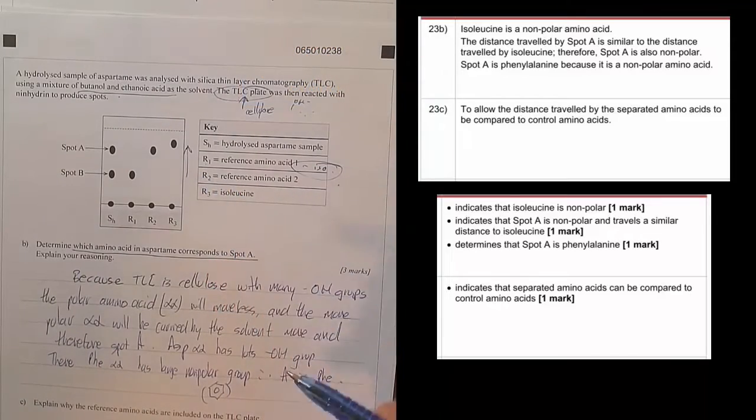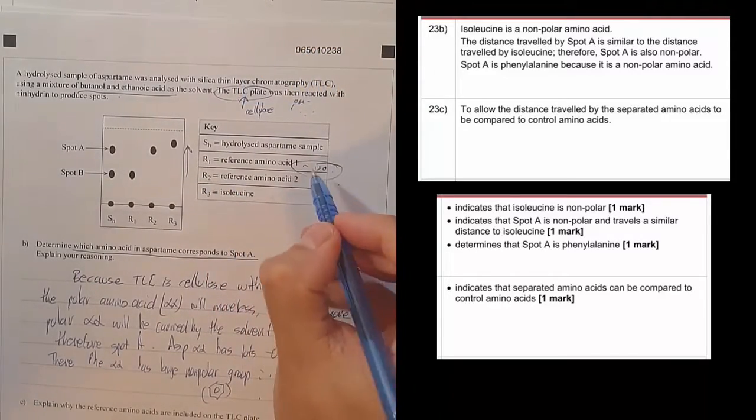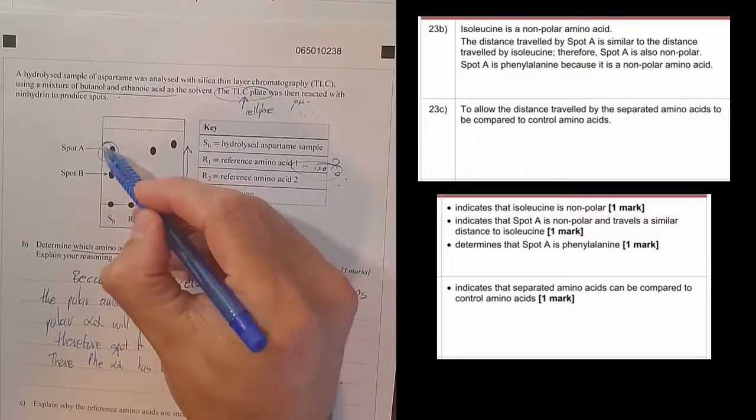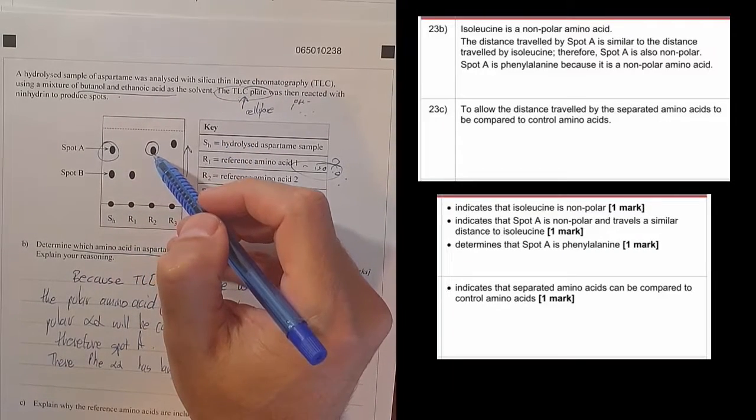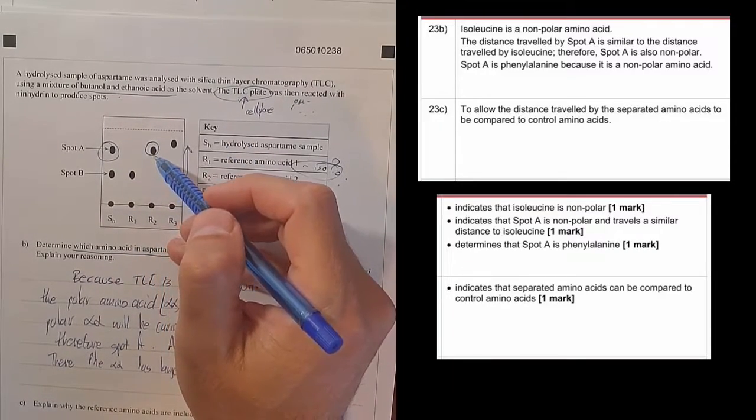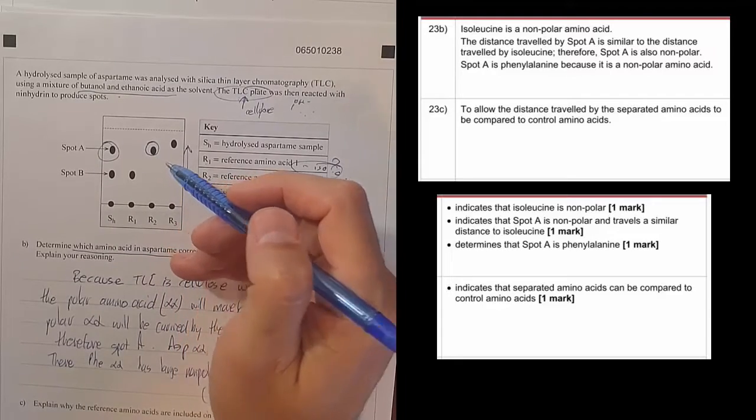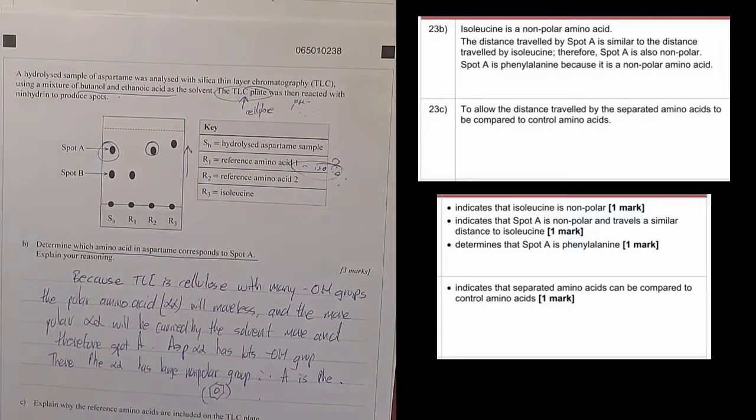And phenylalanine. Okay, so now they've got phenylalanine. So isoleucine, who knows what that is? Phenylalanine's there. That's also non-polar. So the answer indicates isoleucine is non-polar. That's impossible because you don't know. Indicates that spot A is non-polar and travels a similar distance. Okay, so that mark scheme is impossible.